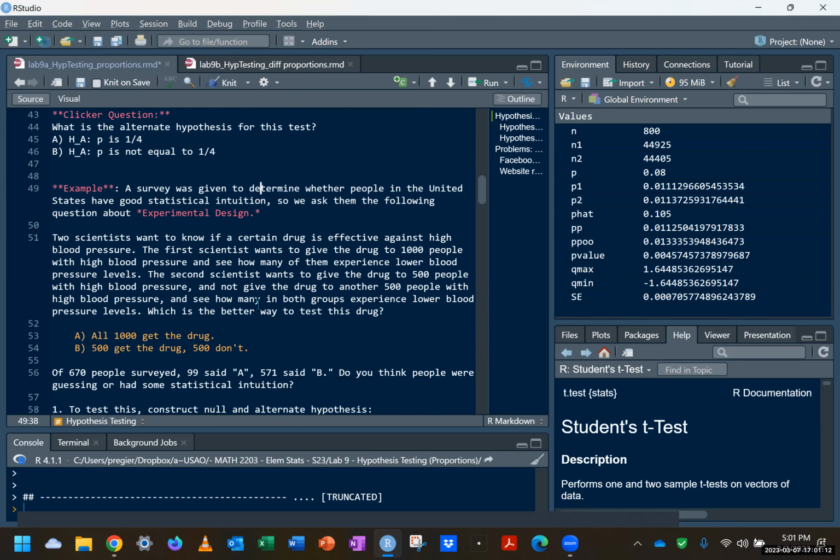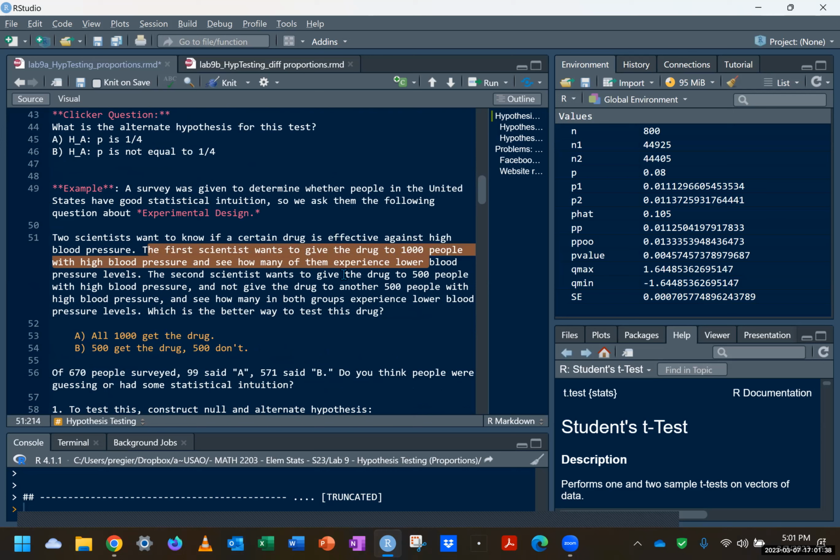So here's an example of what we could do. Instead of having a 4-part question, there's a 2-part question. This question pertains to experimental design. What's good intuition for experimental design? If I want to test the effect of a drug and I have 1,000 people at my disposal, the first scientist says, let's give it to all 1,000 people and see what happens.